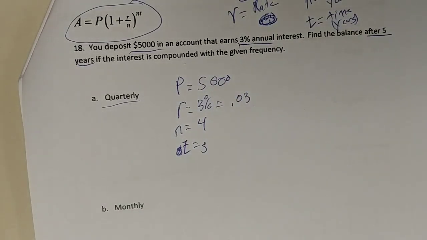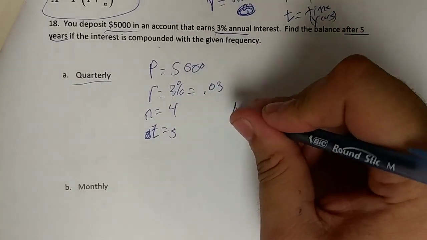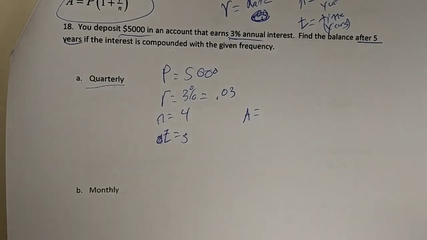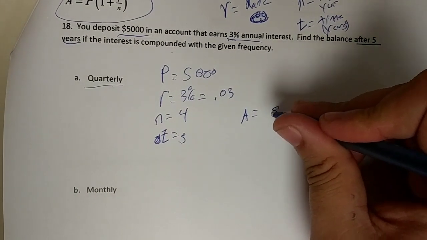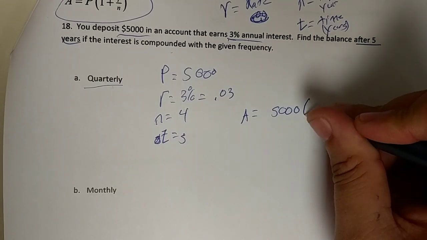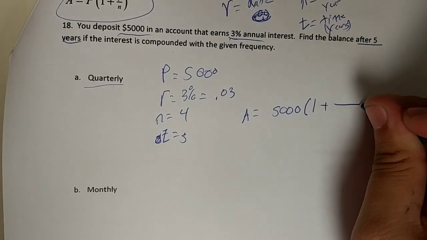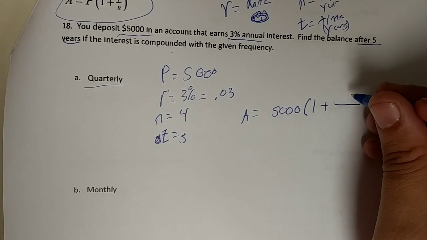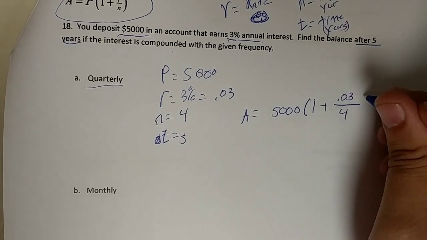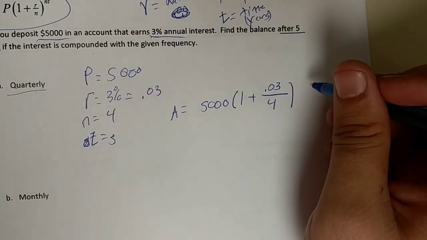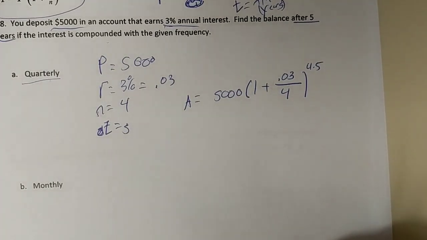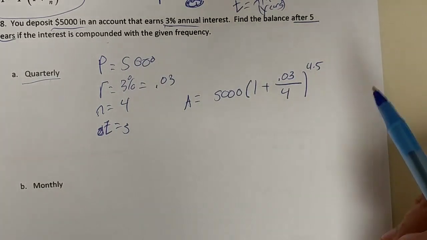All right. So let's do it out. A equals, and I'm just replacing all the variables here. A equals 5,000 parenthesis 1 plus, in this case, R over N, so 0.03 over N, which is 4, to the power of N times T, which is 4 times 5.